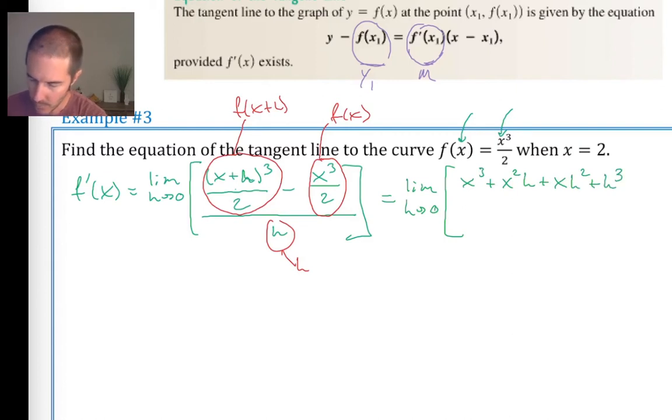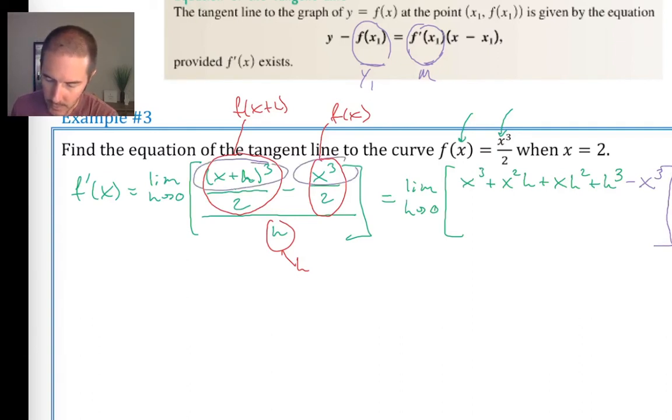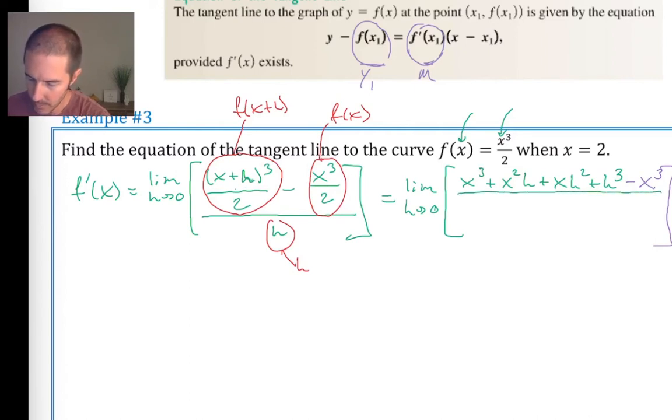And then we have to subtract our x to the third power. Now those were the two numerators that we were seeing over here. Both of those numerators were being divided by 2. They already had a common denominator. So I'm going to divide all of that by the common denominator of 2.